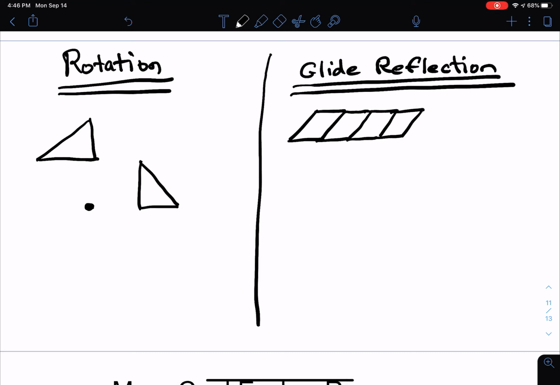But then to get the next row, you reflect it and trace it again. But then you're gliding it and tracing that reflection across the page. So there are some of the projects that look like that. So that's some of the terminology that you'll see when you're reading through your projects.